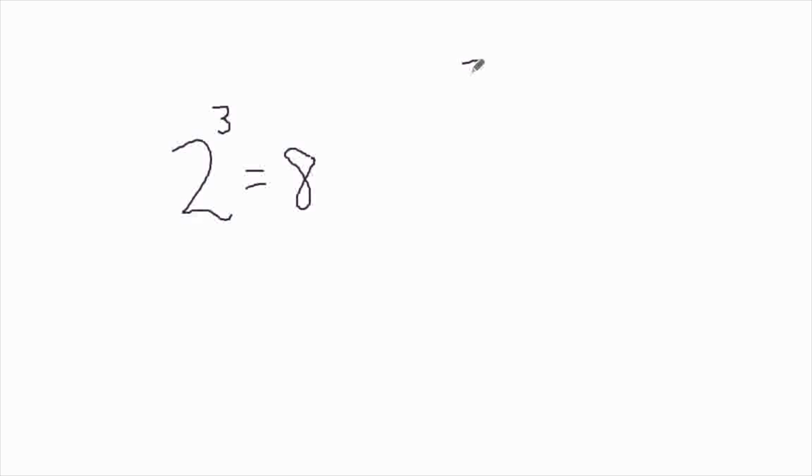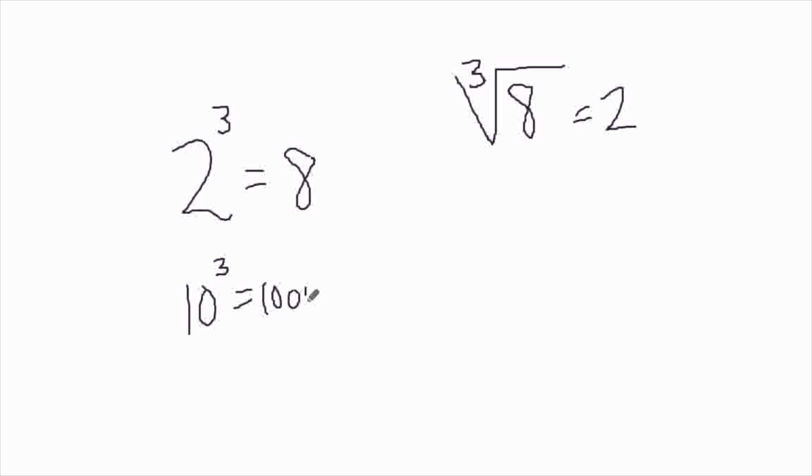Some people will have this root symbol with a little 3, and that's called finding the cube root. The cube root of 8 is equal to 2. 10 cubed is 1,000, so we would say that the cube root of 1,000 is equal to 10. And you can have all the exponents you want, 4, 5, 6, 7, and you can take different types of roots. That's how you do those.